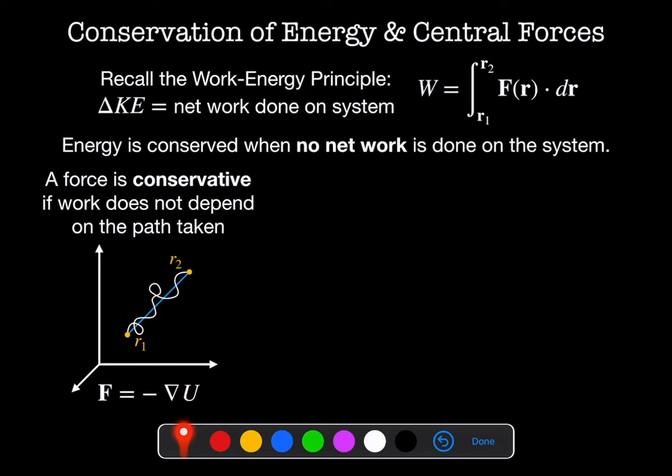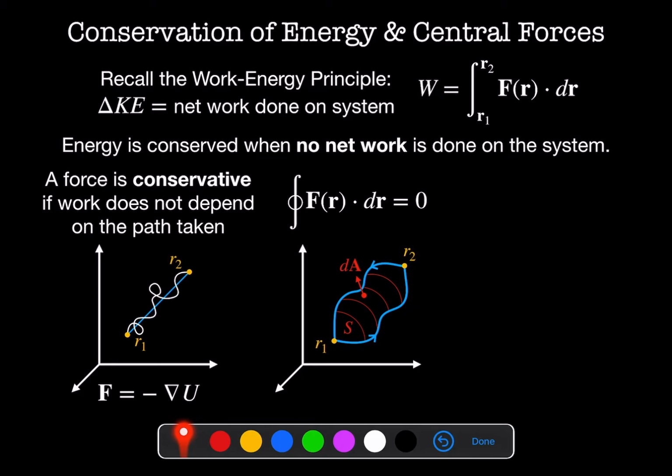Let's use a little bit of math to unpack some of these statements a bit more. So imagine I have this setup here. I have, again, my points R1 and R2, and I take a path that goes over like this to R2 and then around back to R1. And I imagine that now this is a closed loop, so I can span that with some surface S here.